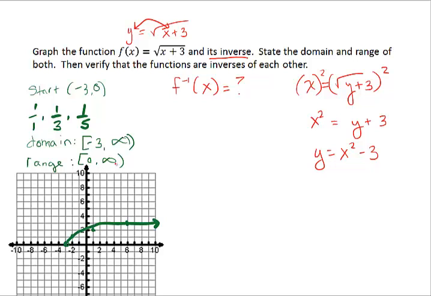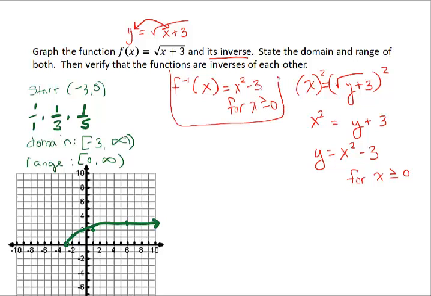My y now becomes my input, and so that means here that once I reverse these, my domain can only be x squared minus 3 here for x values that are greater than or equal to 0. So now when I want to define my inverse function, that's going to be x squared minus 3. And I have to specify for x values greater than or equal to 0.